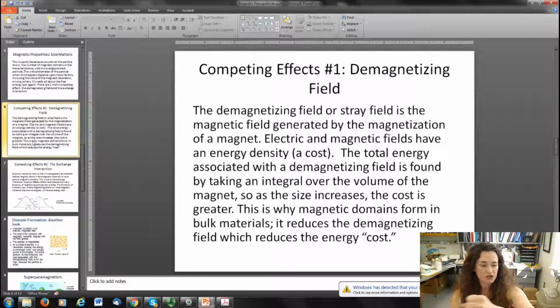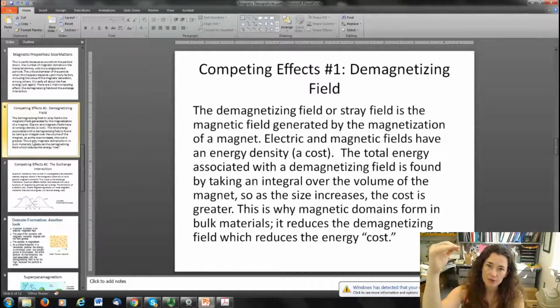If you have a bunch of magnetic moments scattered throughout the material, oriented randomly, then your net magnetic field is going to be pretty close to zero, okay? And since you're integrating over the volume and the magnetic field, if the vector points basically to zero, the cost associated with that demagnetizing field is also pretty close to zero, all right?